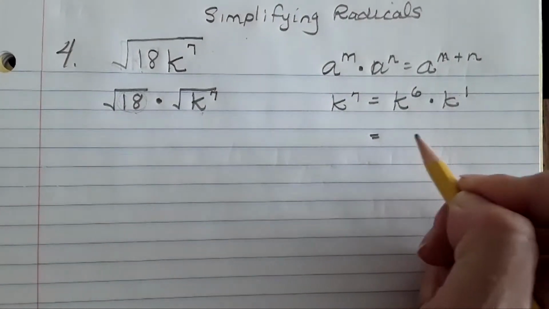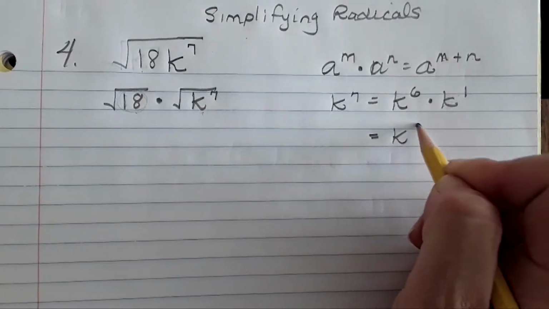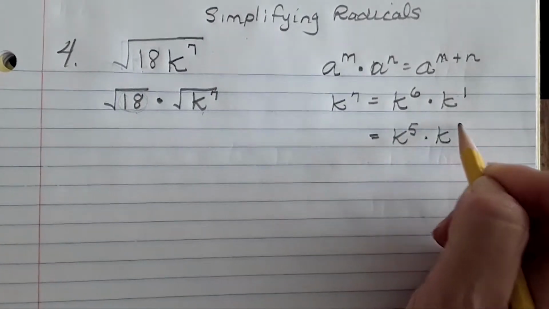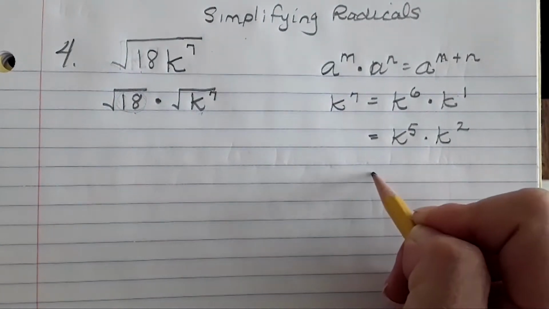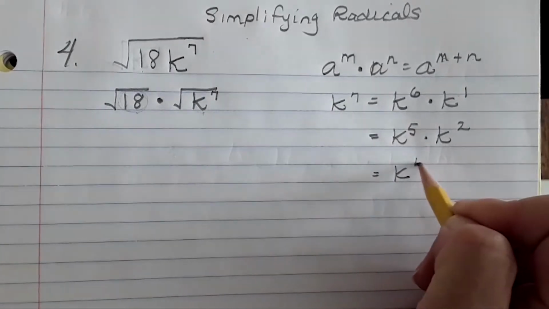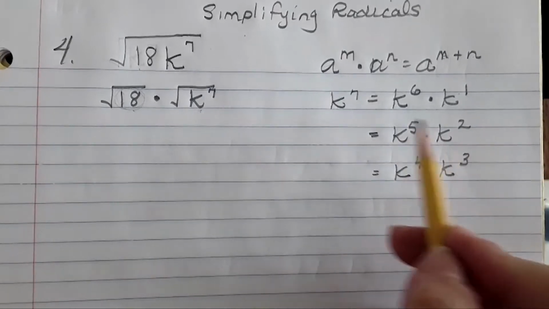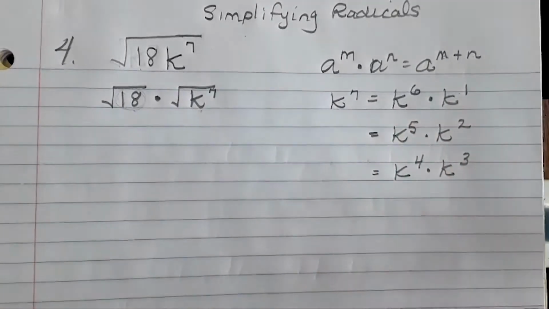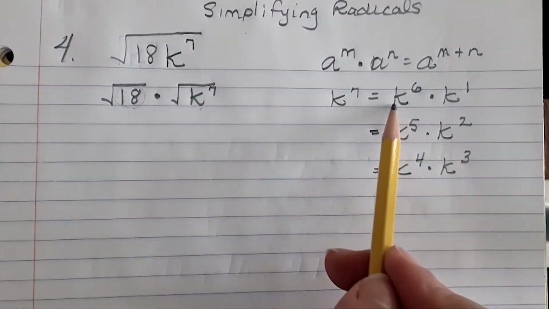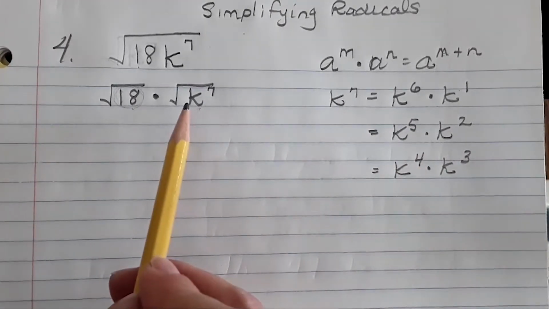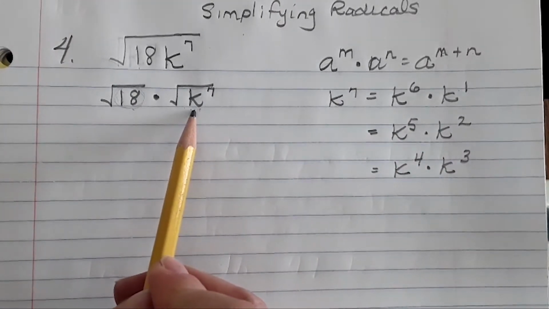We could break it down as k to the 5th times k to the 2nd, or k to the 4th times k to the 3rd. So I'm thinking of all the ways I can add two numbers to get a power of 7. These are three possible ways that I could break down this particular radical.